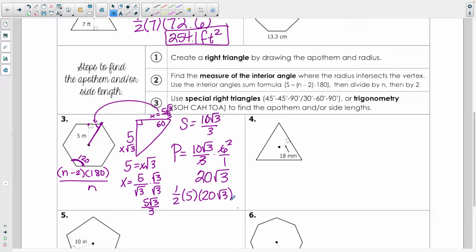It's easier to have 20 because that's an even number. So half of 20 is 10. 10 times 5 is 50. So the area of this is 50 square root of 3 meters squared.